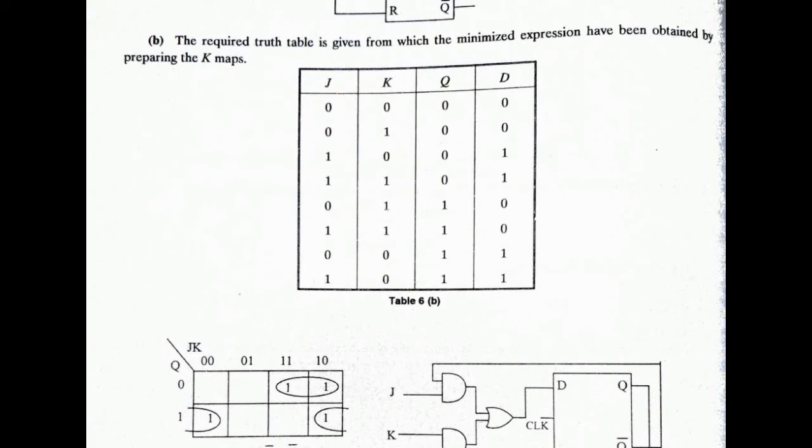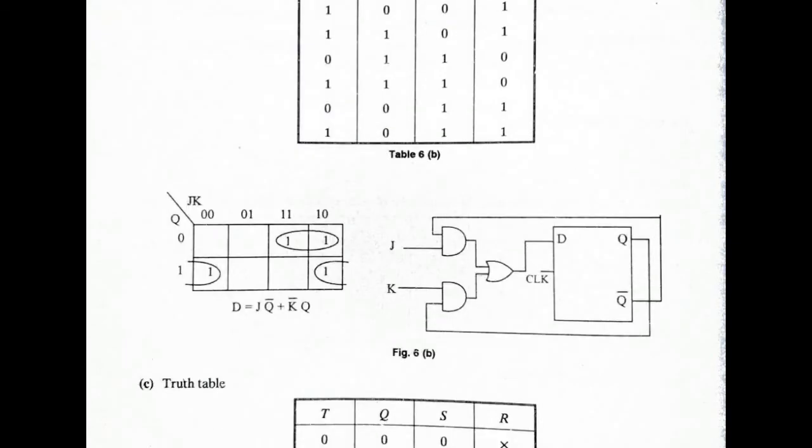Here the JK, present state and D. Here we draw a K-map for D. After putting the values, we get D equals J Q bar plus K bar Q. Now here D has an input which is connected by an OR gate having AND gates as inputs, so that we get a JK flip-flop from a D flip-flop.